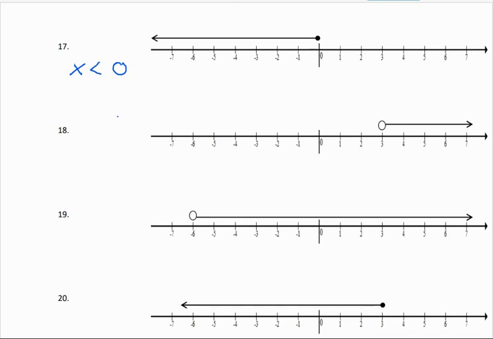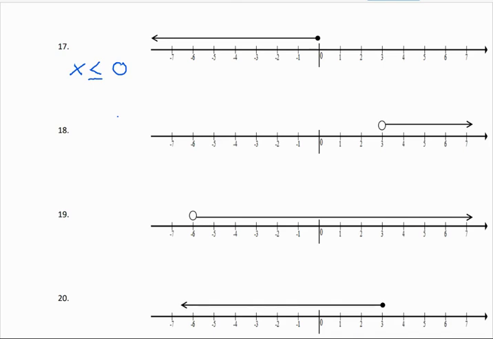Is it this symbol or should it be this symbol? Because it's a closed circle, that's when I have the line underneath. So my answer should be x is less than or equal to 0. Remember, equals to means includes. If it's a closed circle, that's when you have the line underneath. If it's an open circle, you don't have the line. The direction tells us whether it's less than or greater than. Is that clear to everybody?